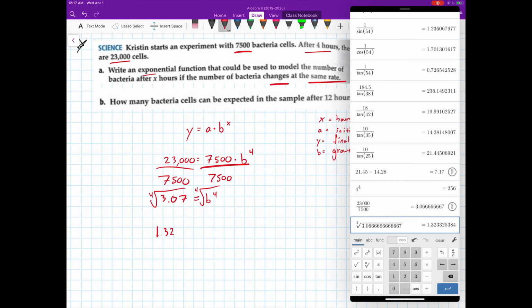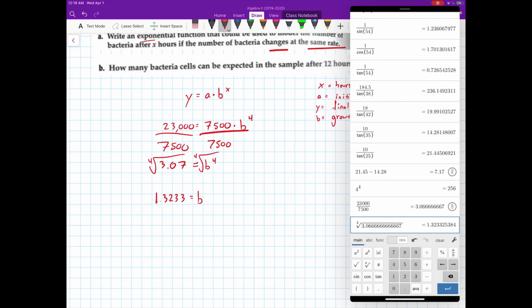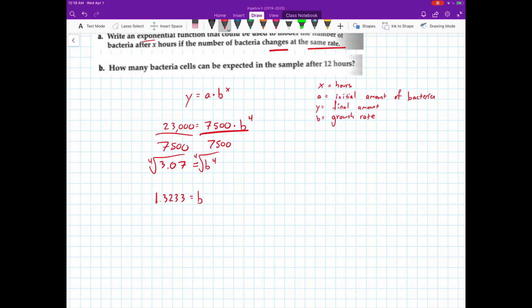Let's go ahead and take some more decimals there to be very specific. That's equal to b, 1.3233.